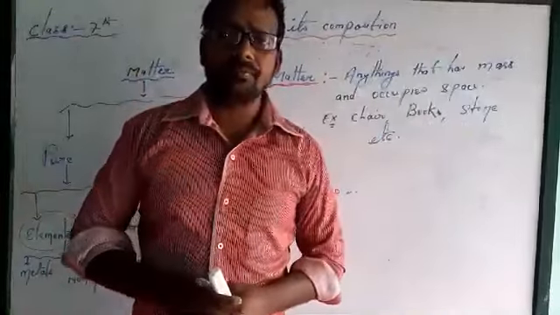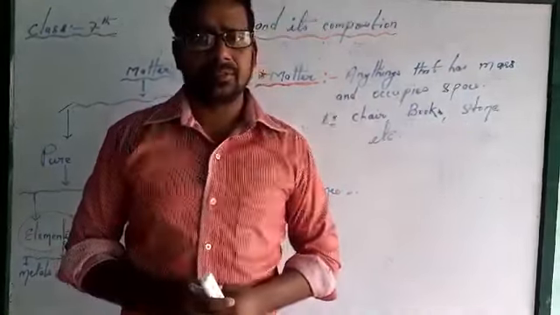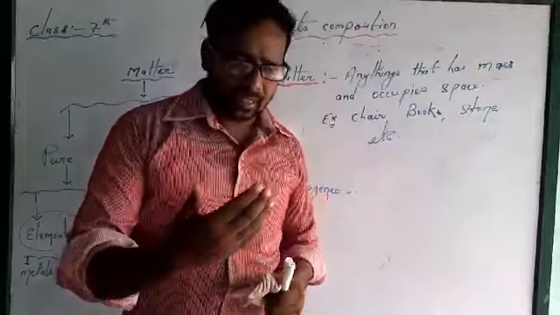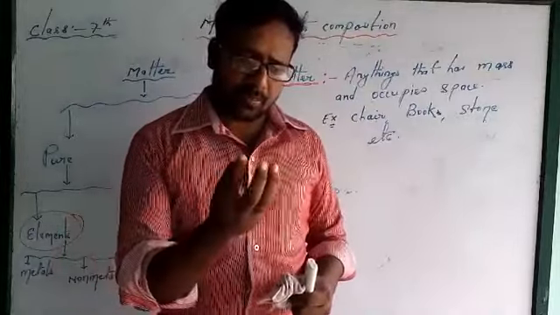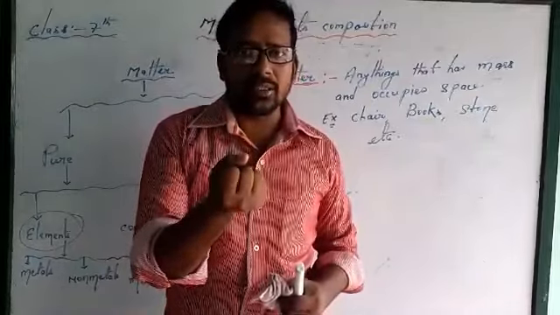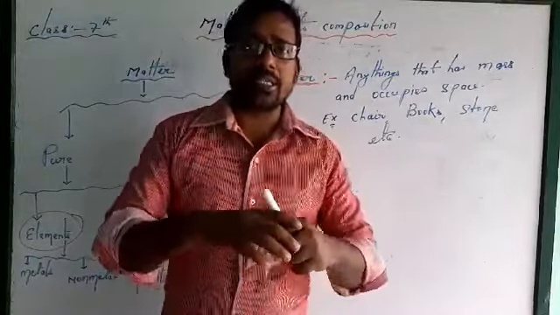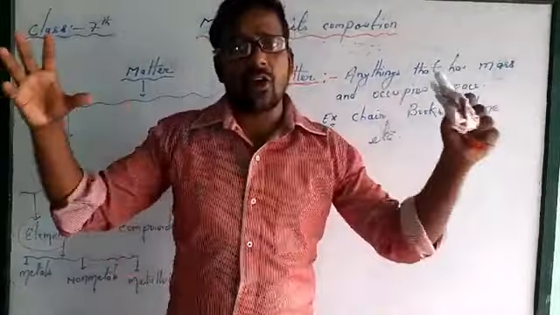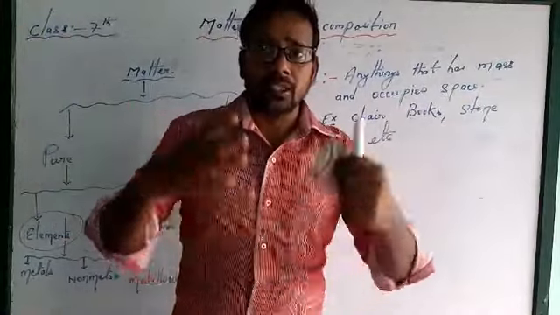combine to form matter. Like in our body, lots of cells combine to form tissue, tissue combines to form organ, organ combines to form organ system, and lots of organ systems combine to form the human body.